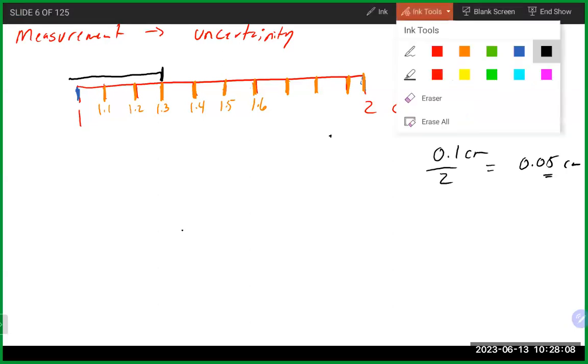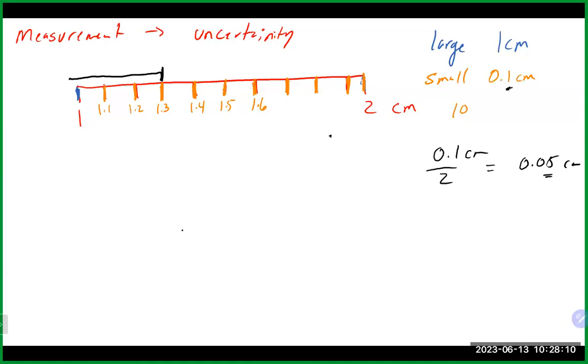Is this 1.3 centimeters? Is this 1.30 centimeters? Is this 1.3000 centimeters? I'm just going to eliminate that. Remember, putting extra zeros doesn't make it more scientific. So is there really a difference between these values that you record?